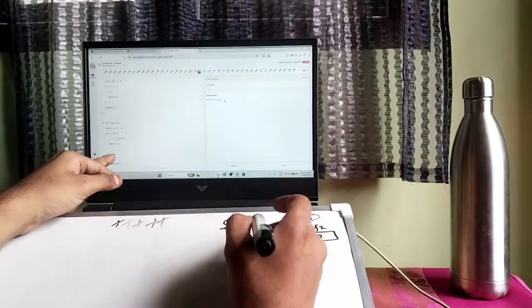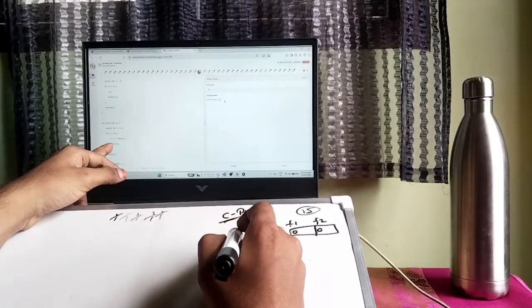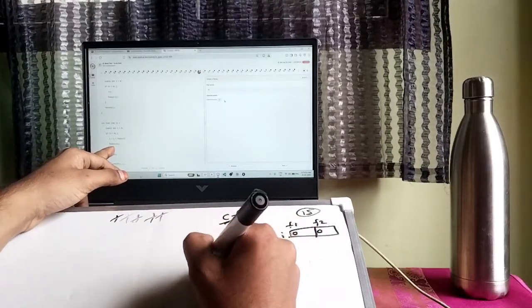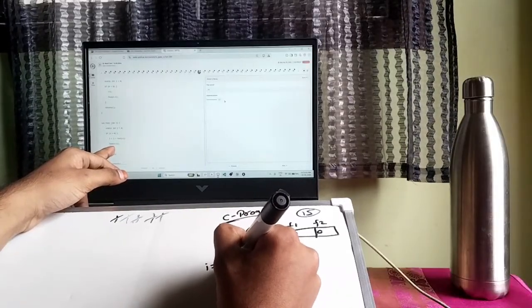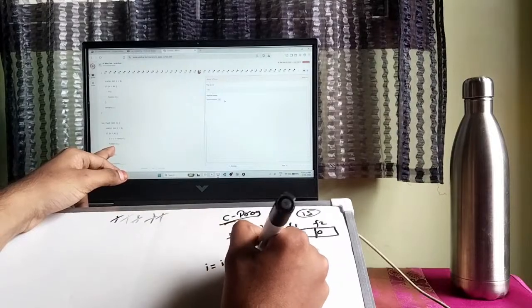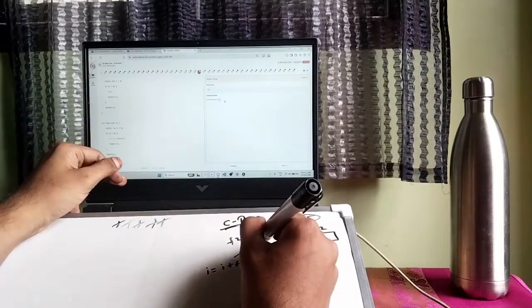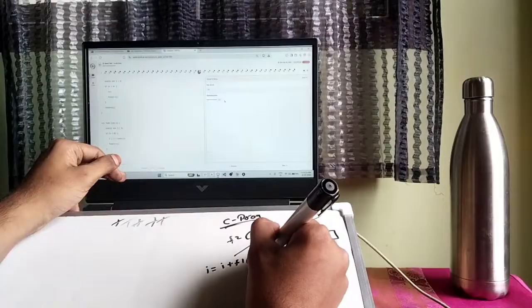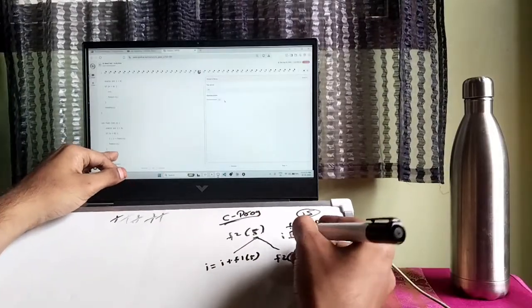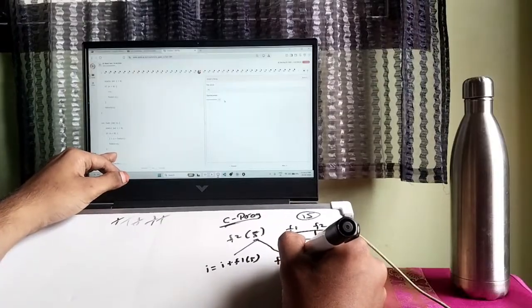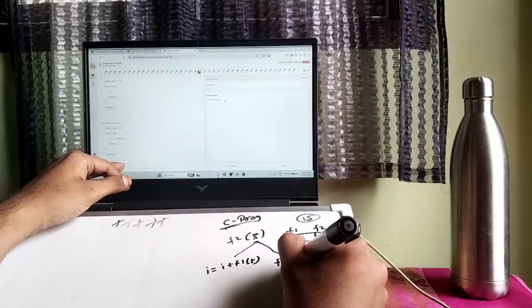Incrementing, so this function call, n greater than 0, it is true. And I equals I plus f1 of 5. Okay, here it's called f1 of 5, and we have another function, f2 of 4.